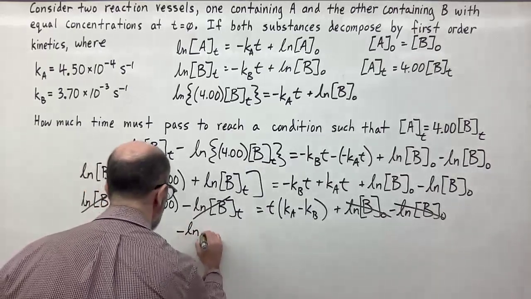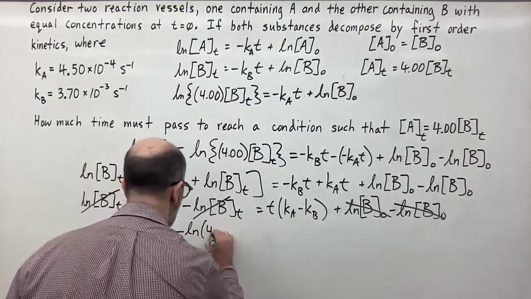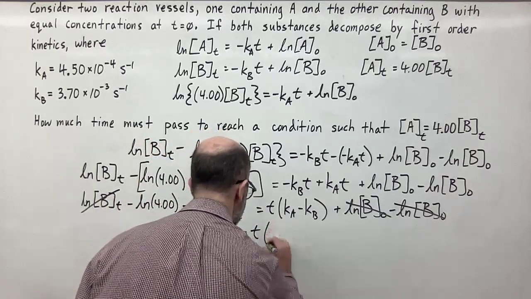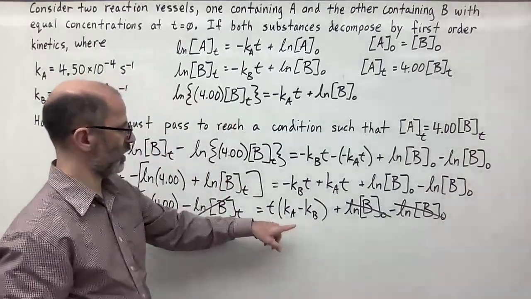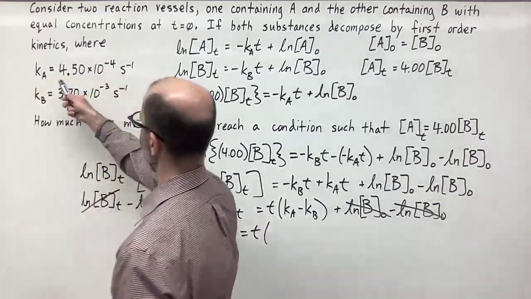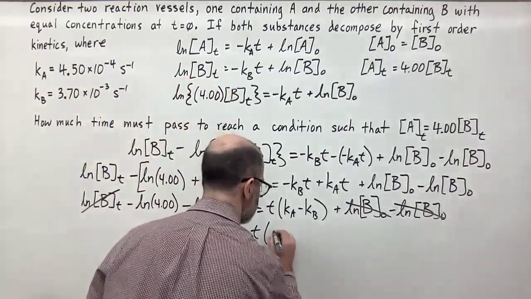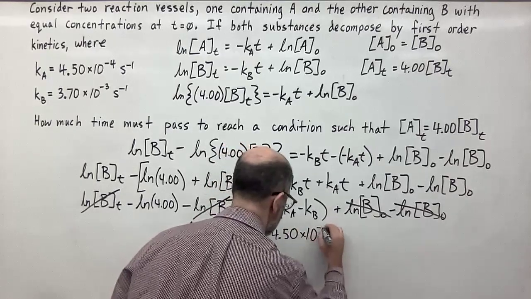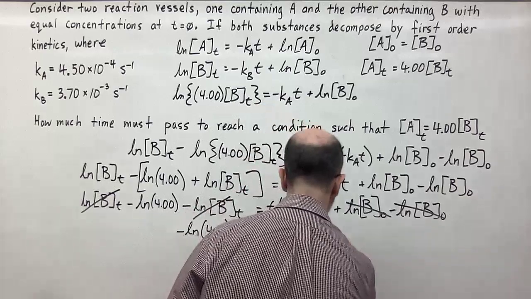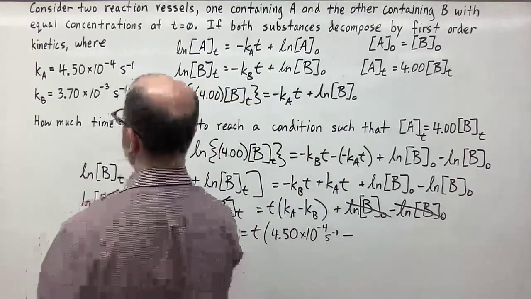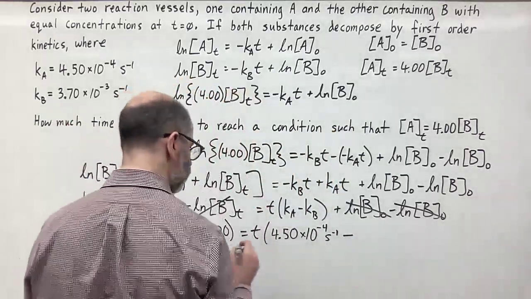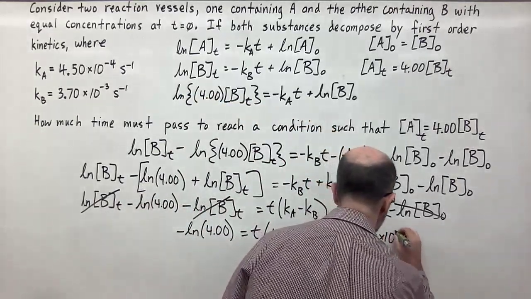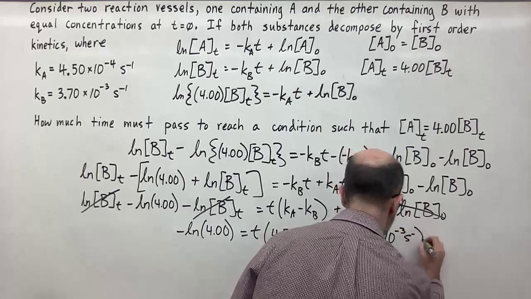We're going to have the negative natural log of 4.00 is going to be equal to t times, now we can plug these in, so Ka is 4.50 times 10 to the negative 4, and that's per seconds, minus Kb, which is 3.70 times 10 to the negative 3 per seconds.